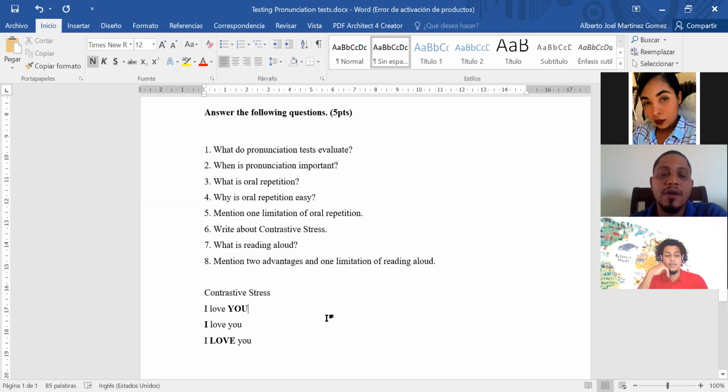Depending on the stress, because remember, pronunciation tries to check the stress, the intonation, and the identification of sounds. So let's focus on stress now. This is the contrastive stress, okay? What does it mean? That with the same sentence, you might mean something very different. Let's see. If I say, "I love you", you know what this means?